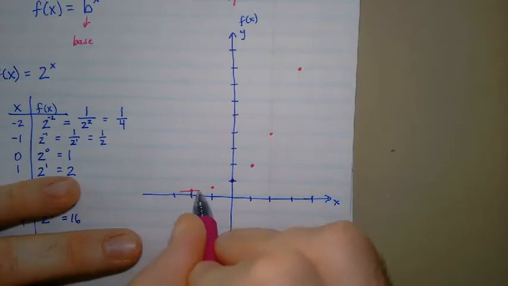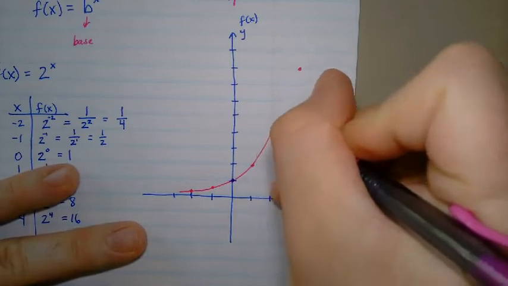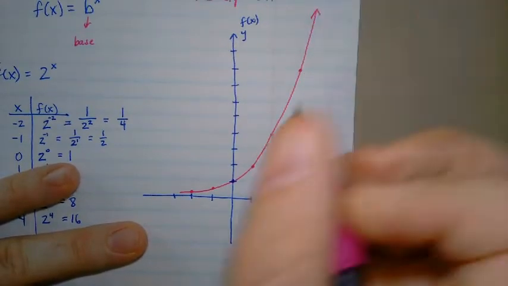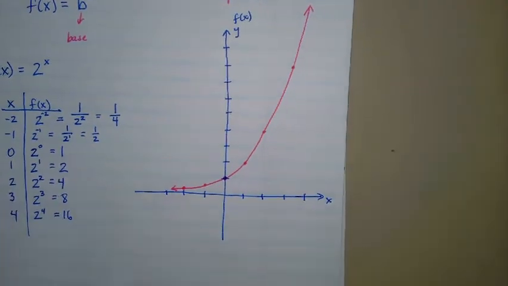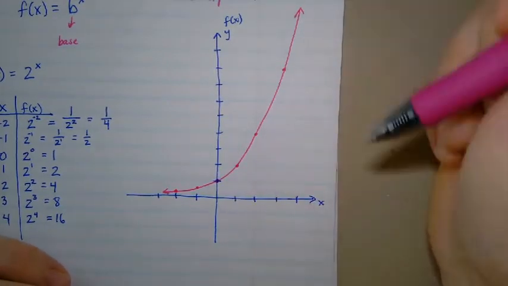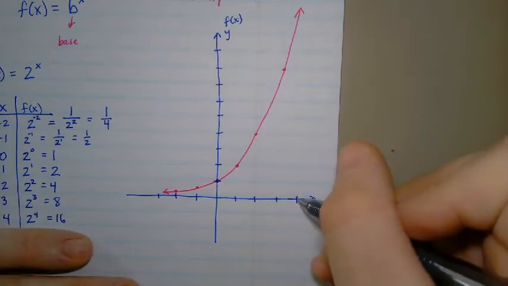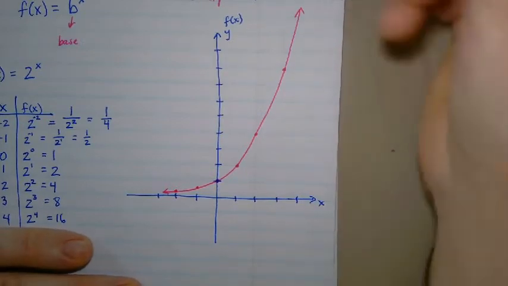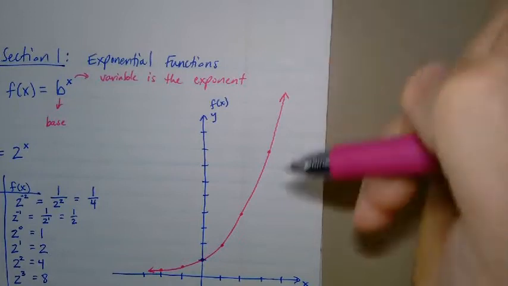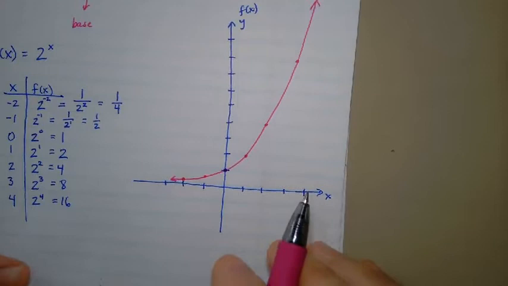And you get this curve, and it is curved, so don't do a zigzag connect the dots. It's a nice curve that's going upwards to the right, and it starts going very steep, and probably even steeper than how I drew it, because the next one, 4, is going to be all the way up to 16, way up here somewhere. And then the next one would be 32, and it grows really fast.